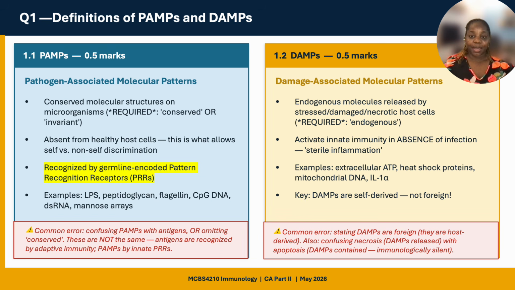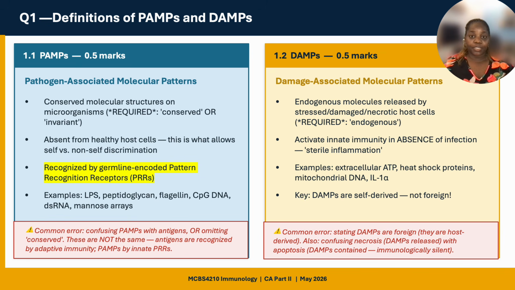Yeah, they are endogenous molecules released by stressed, damaged, or necrotic host cells. So these are self molecules. They are not foreign, contrarily to PAMs that are reserved to microorganisms, that is non-self. Here it is not foreign. So the clinical concept here is the sterile inflammation.